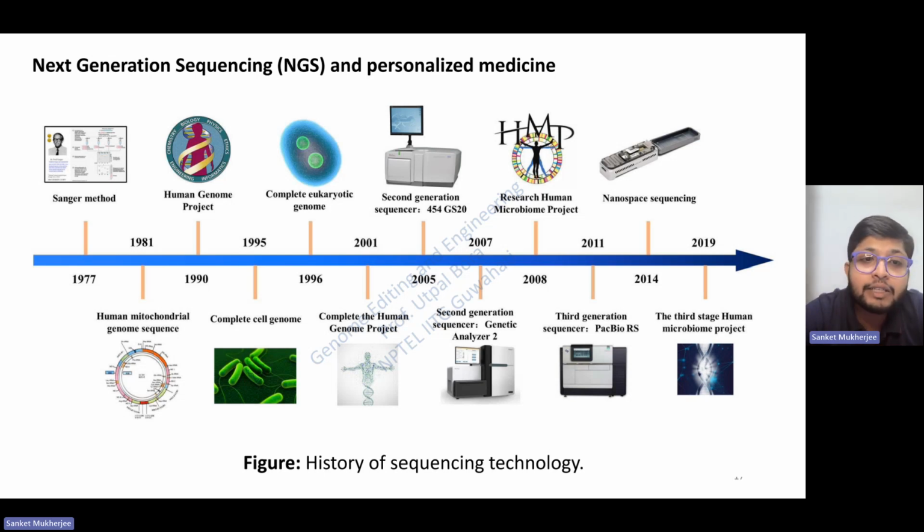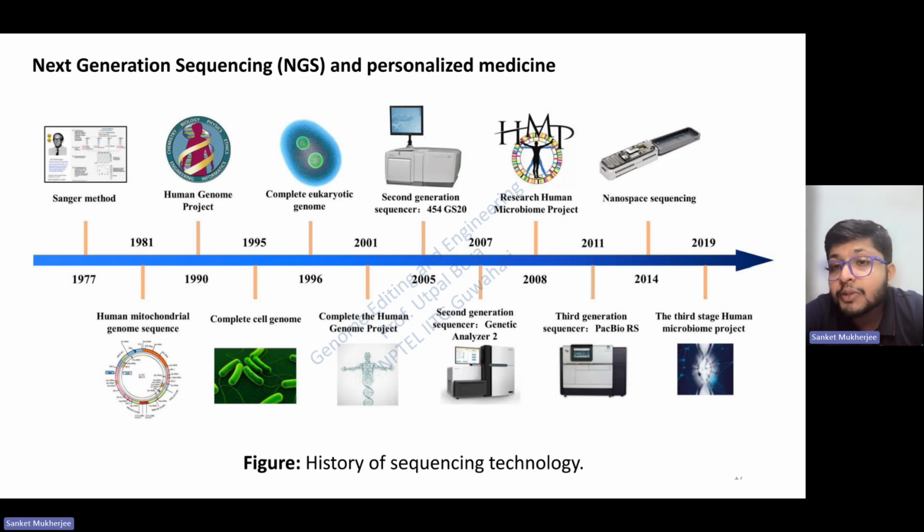And then in 1995, the complete cell genome, again with respect to prokaryotes, was done. In 1996, we started with eukaryotic genomes of lower order organisms. However, all during this time, the whole Human Genome Project was still active. In 2001, the Human Genome Project was completed.